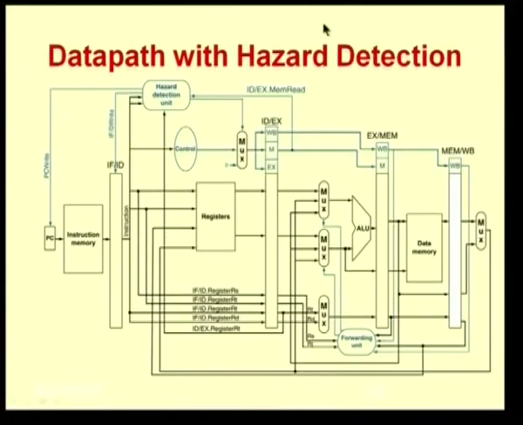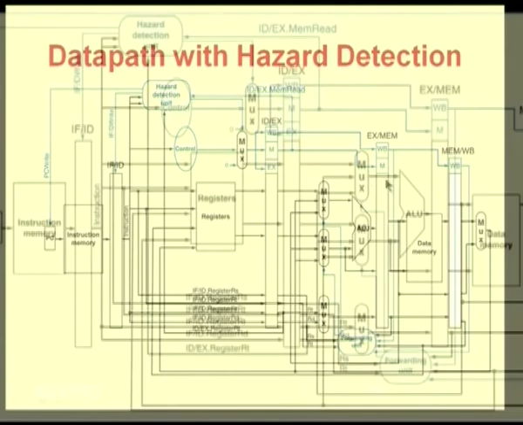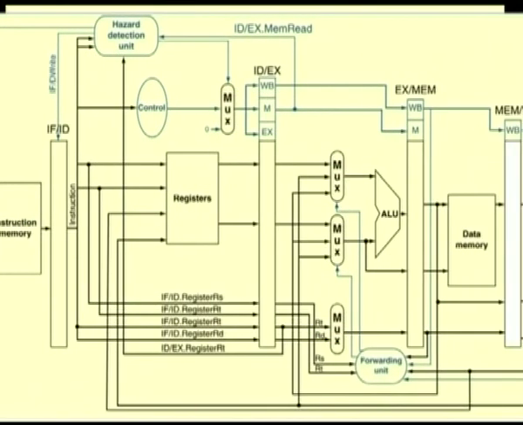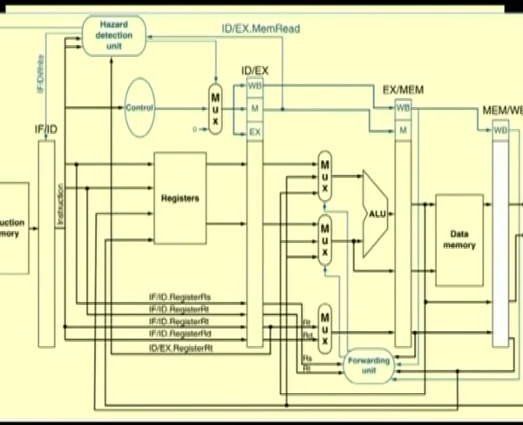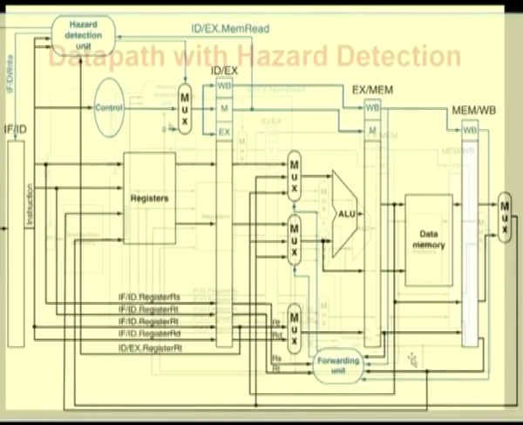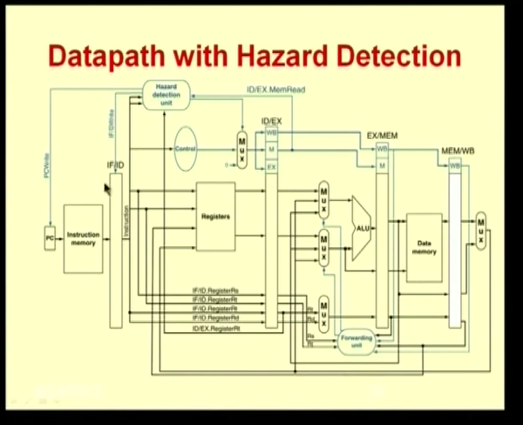So, now this is the complete picture that we have with all the hazard detection and the complete data path. Remember, from the IF/ID stage, ID/EX stage, EX/MEM stage and the MEM/WB stage, we have information coming back to the hazard detection unit. So, we are introducing a new unit called the hazard detection unit, which will take inputs from all these stages, all the different registers that we talked about, IF/ID.RegisterRS, RT, RD and so on.